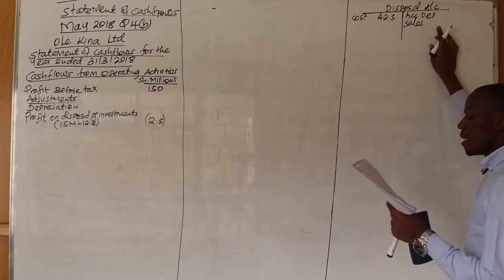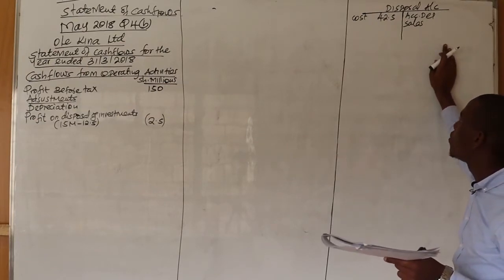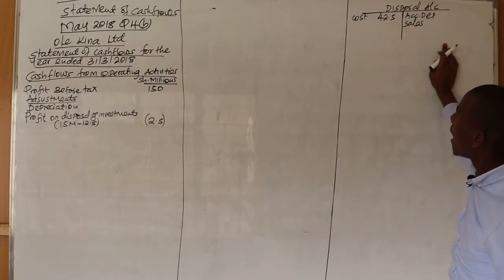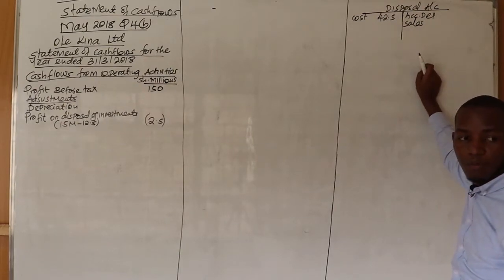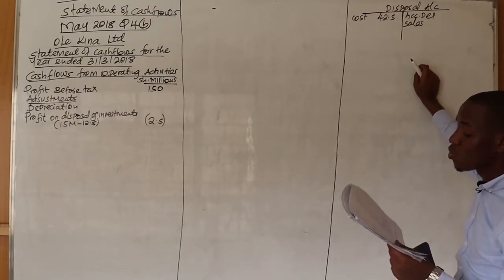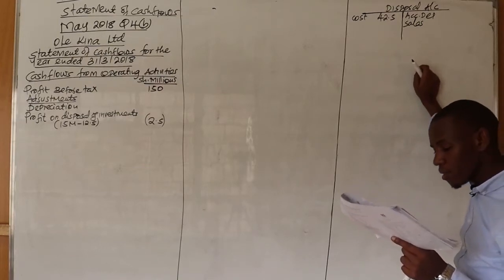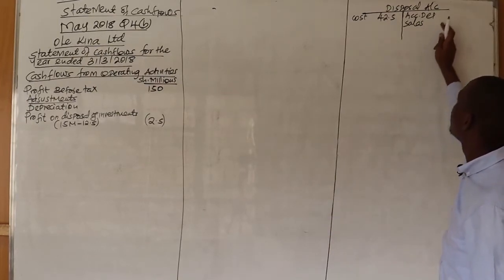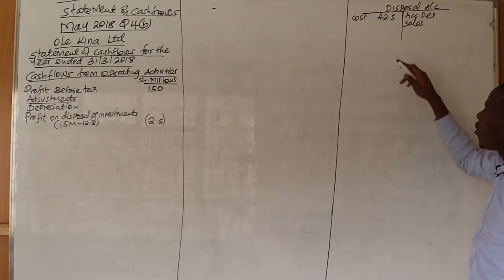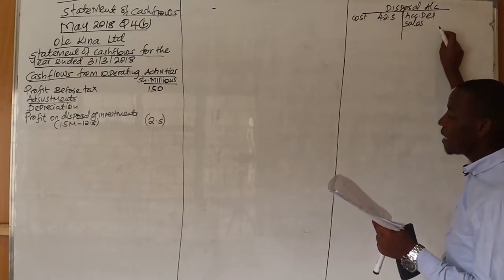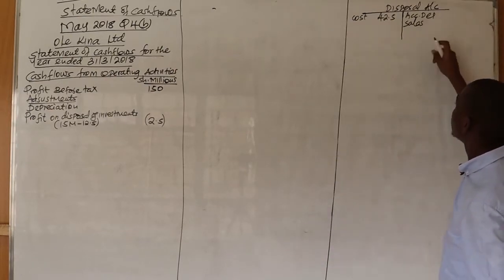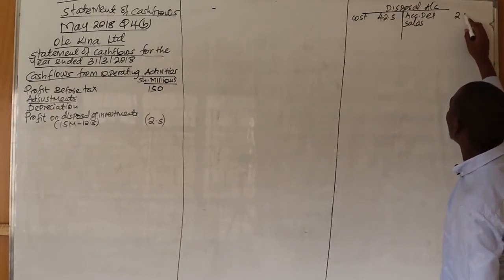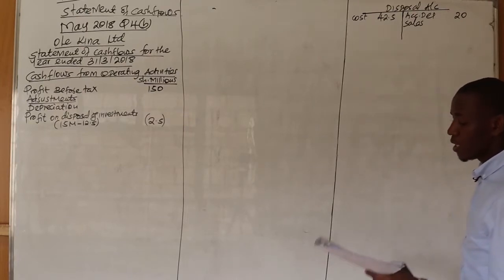But we've been given the carrying amount, which is the net book value. And we know when you take the cost less the accumulated depreciation, what you get is what we call the net book value, which we've been given. So when you take 42.5 minus the carrying amount or the net book value, you'll be able to get the accumulated depreciation, which in this case is supposed to be 20.